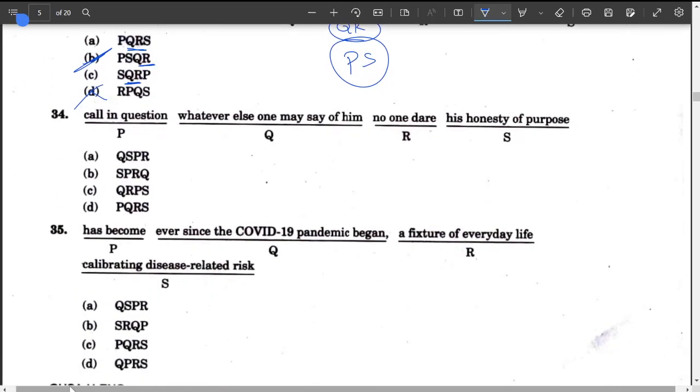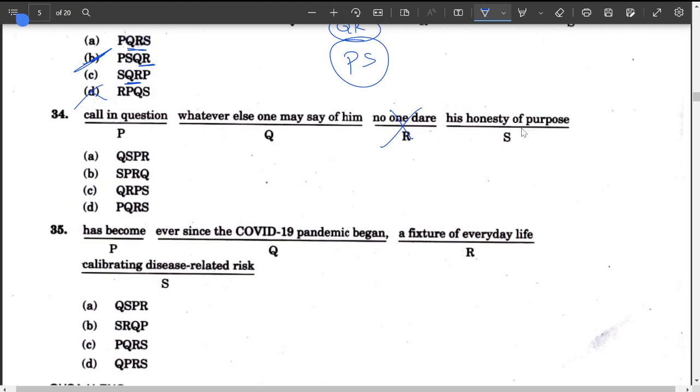Next, call in question, whatsoever say of him, his honesty of purpose. No one dare call him. Dare is followed by V1. Let us check with this sentence here. Which one can we use in the beginning? QSP. That means R cannot be used in the beginning. Let us check with multiple ones. Whatever else one may say of him, no one dare call in question his honesty of purpose.